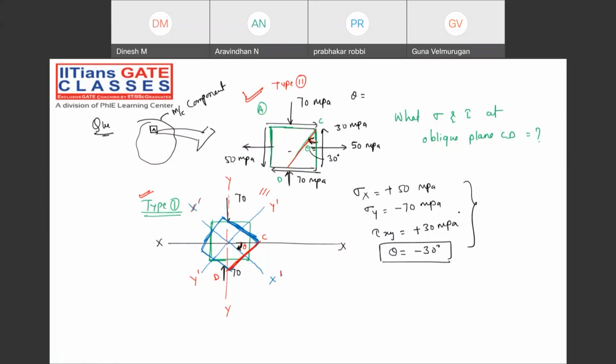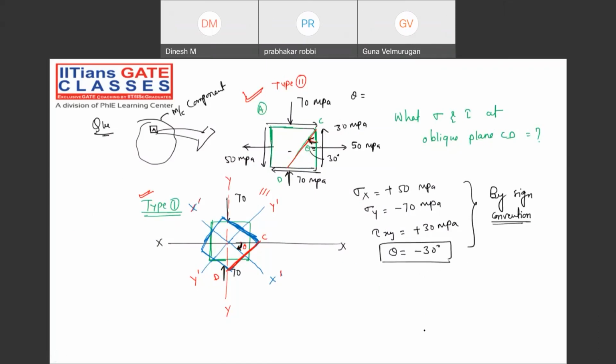Are you getting my point? Tell me, guys, all of you are understanding or not? By design convention, perfect. Now, once you understand this, you can calculate sigma theta. You know the formula: sigma x plus sigma y by 2, plus sigma x minus sigma y by 2 whole bracket cos 2 theta, plus tau xy sin 2 theta.